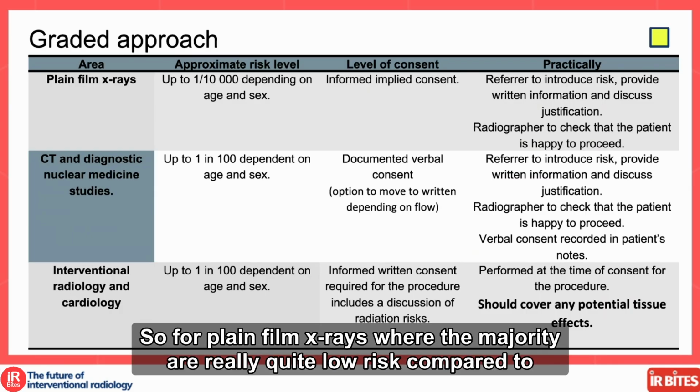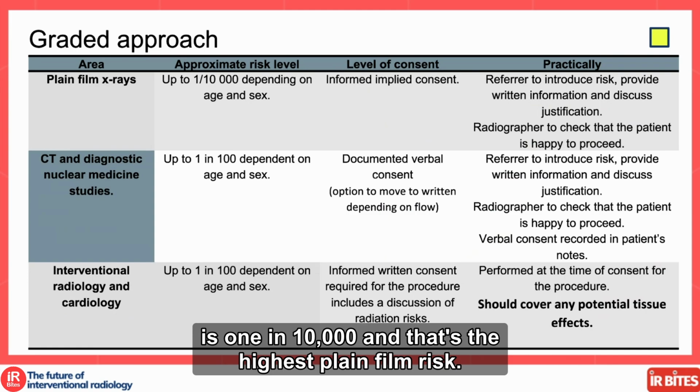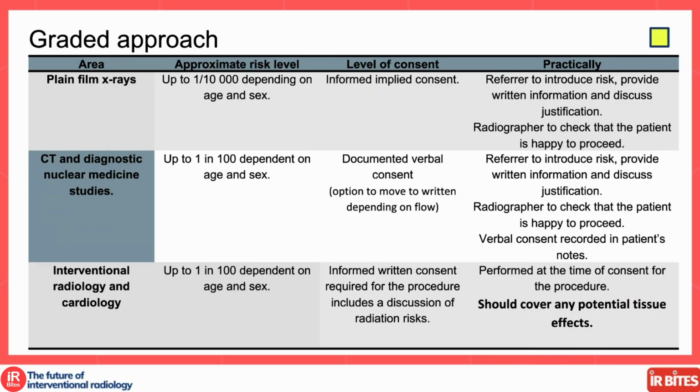For plain film x-rays, the majority are really quite low risk compared to the natural risk of cancer, which is 1 in 2. The risk is 1 in 10,000, and that's the highest plain film risk. Most of them are more like 1 in a million. That's the range.